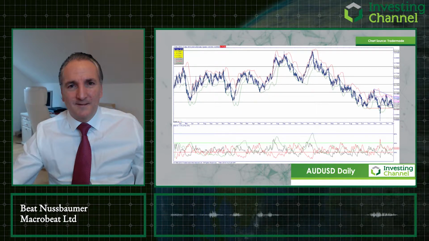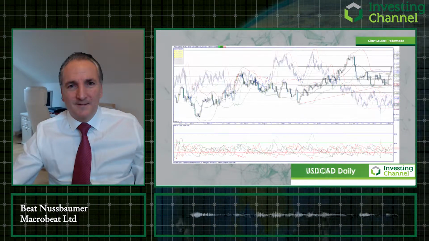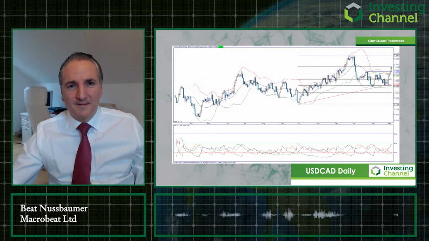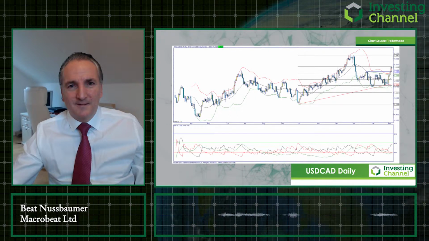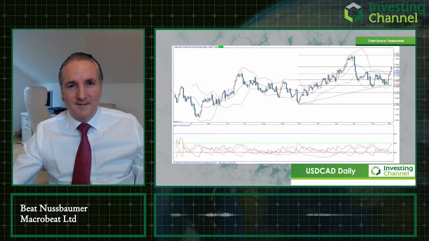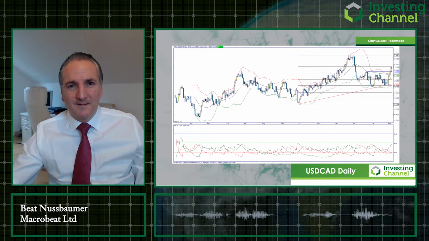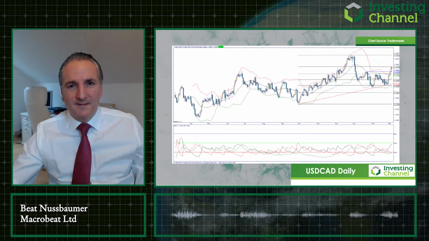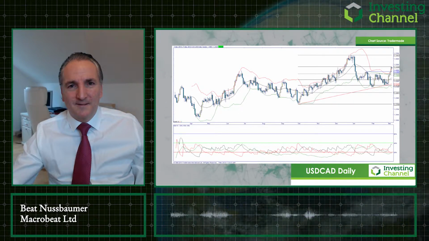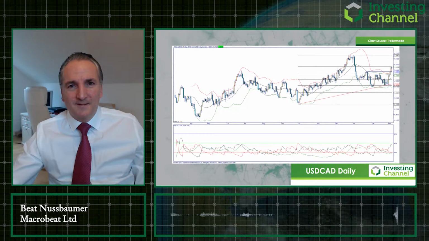The next slide shows the dollar Canada. We had the Bank of Canada meeting on Wednesday. They have been rather hawkish in the run-up to this meeting. They've been hiking rates, as we know, in the previous few months. It probably kicked off with the weak GDP data from last Friday, which is the first leg up you see here on dollar Canada.